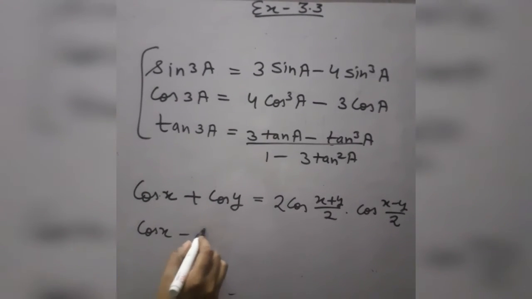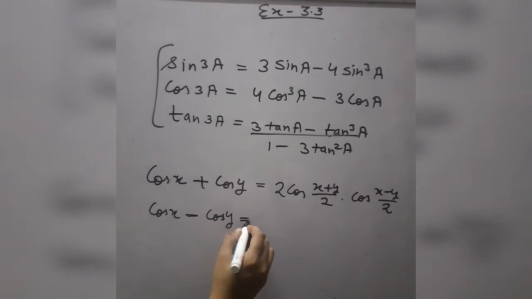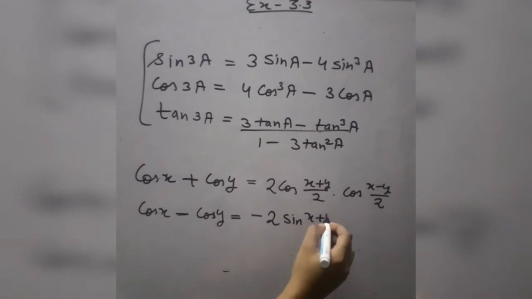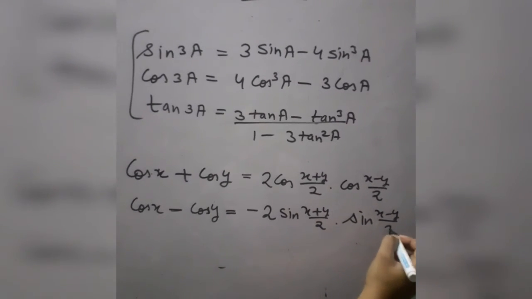If the two cos terms have a minus sign, cos x minus cos y, then this is equal to minus 2 sin of (x plus y) by 2 into sin of (x minus y) by 2.